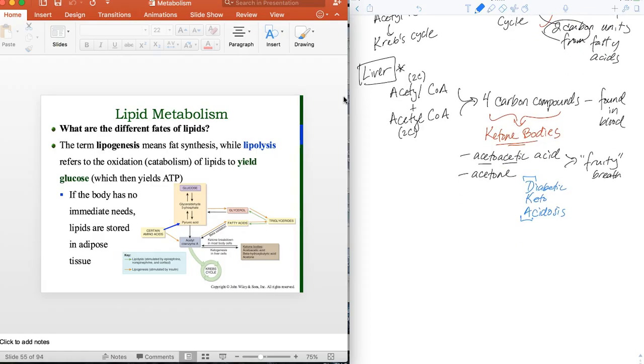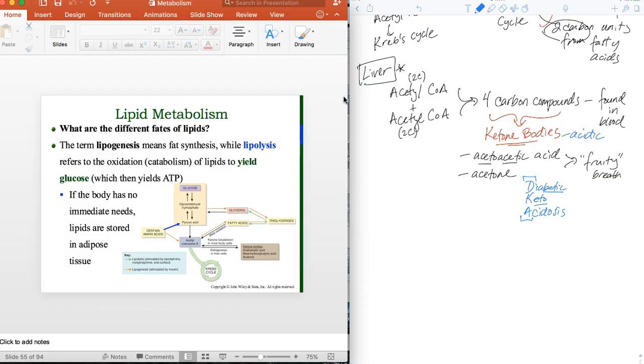So they have diabetes. They're producing ketone bodies. These ketone bodies are acidic. They lower the pH, right? Acetoacetic acid. This is an acid. And so that's why their blood pH can drop as well, and that could lead to issues.